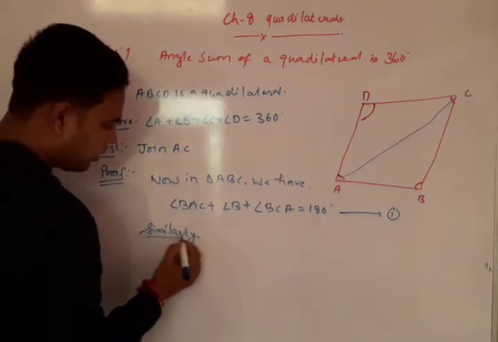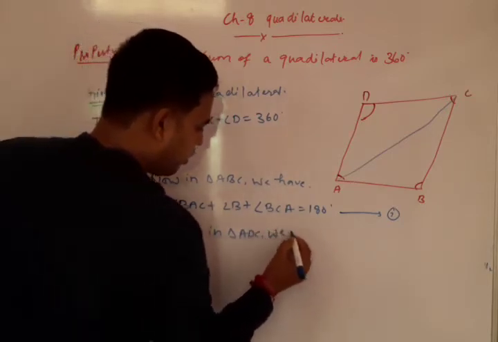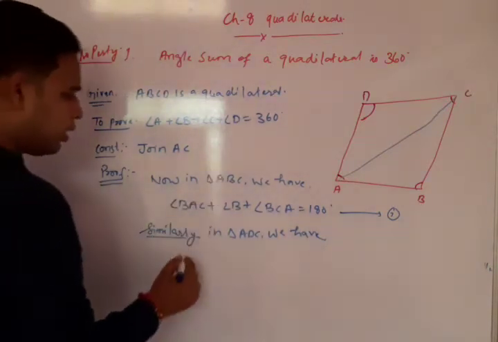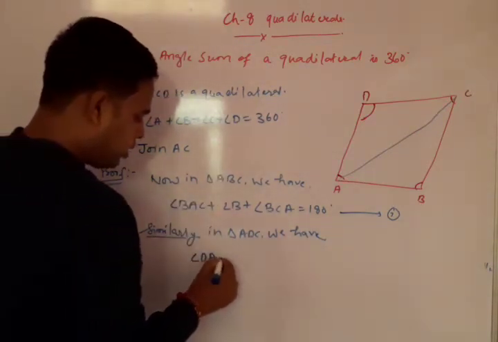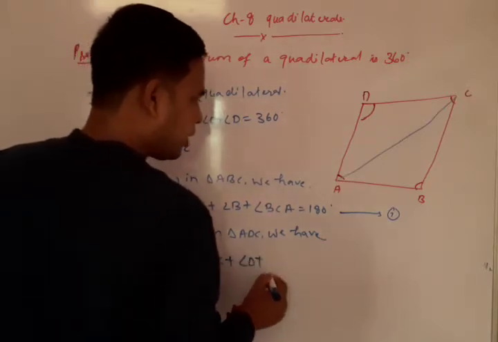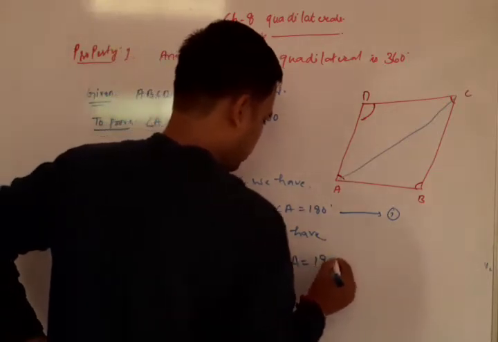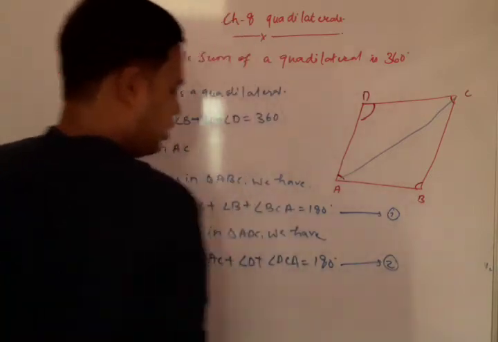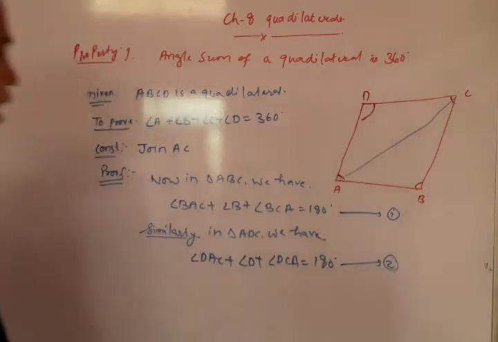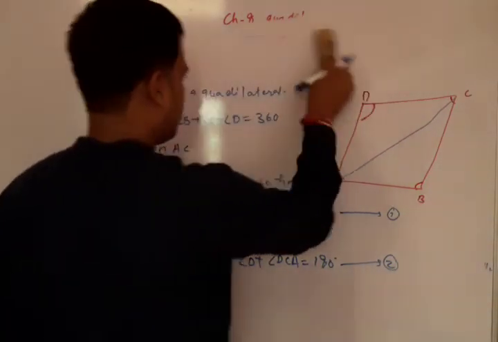Similarly, in triangle ADC what do we have? Angle DAC plus angle D plus angle DCA equals 180 degrees. Now what will we do? We will add equation 1 and equation 2.